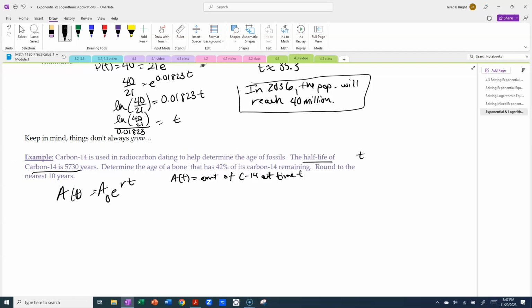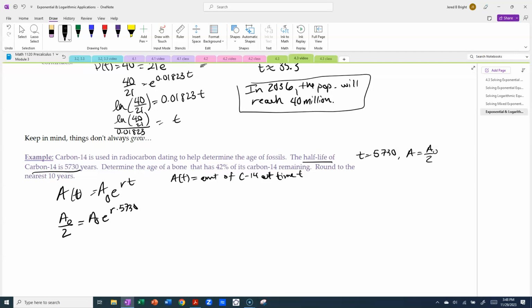So this is saying when t is 5730, the amount is half of the original. Okay, so let's put that in. I have A naught over 2, the initial amount divided in half, is equal to A naught e to the r times 5730.